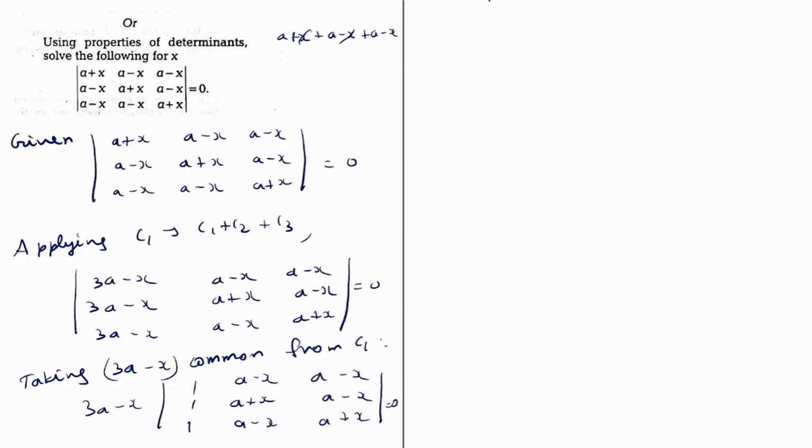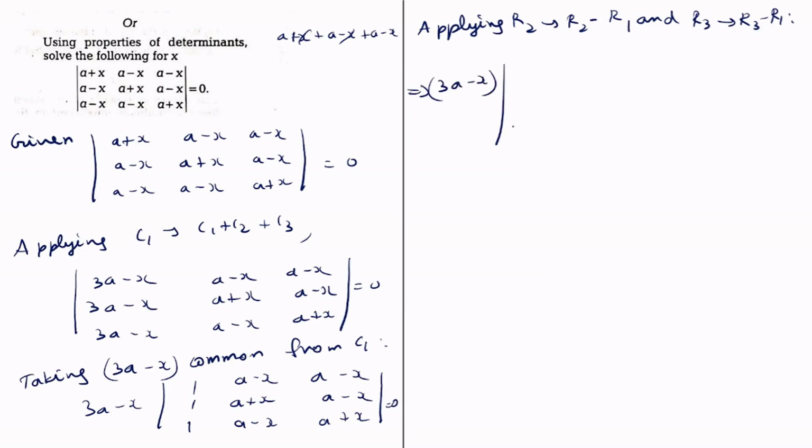And now let us apply R2 changing to R2 minus R1, and then R3 changing to R3 minus R1. So we will get 3A minus x into, R2 changing to R2 minus R1. So 1 minus 1, the first row will remain the same.